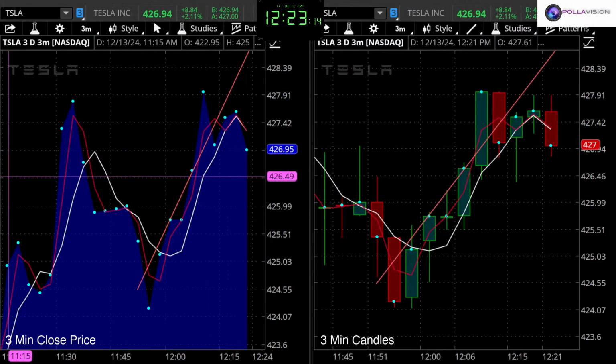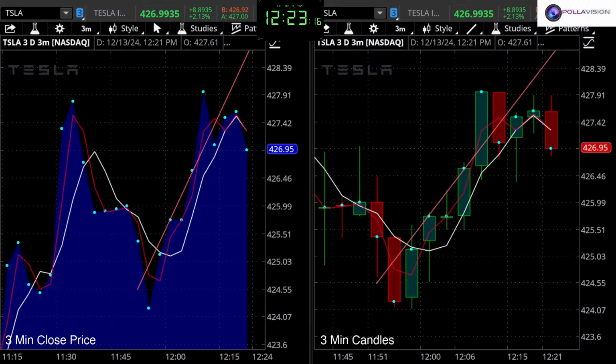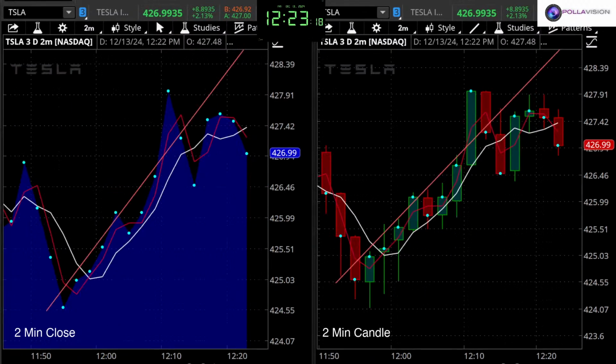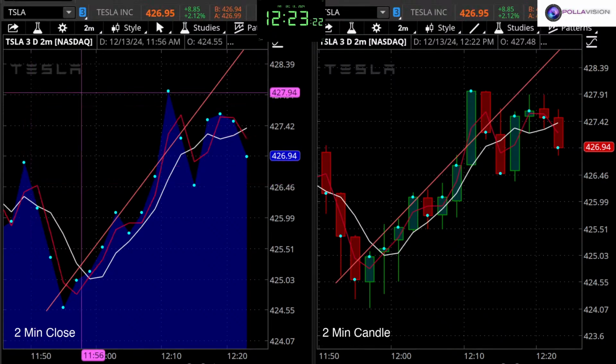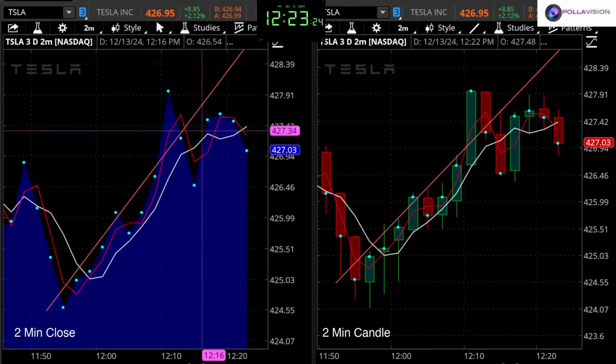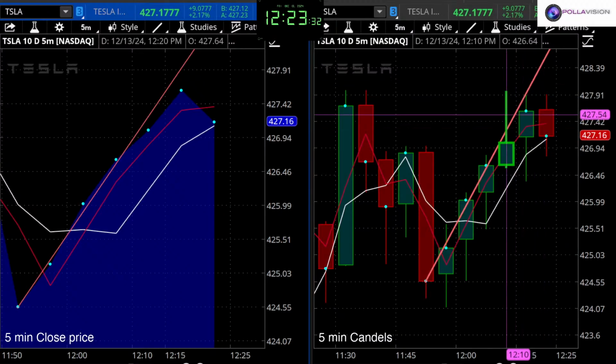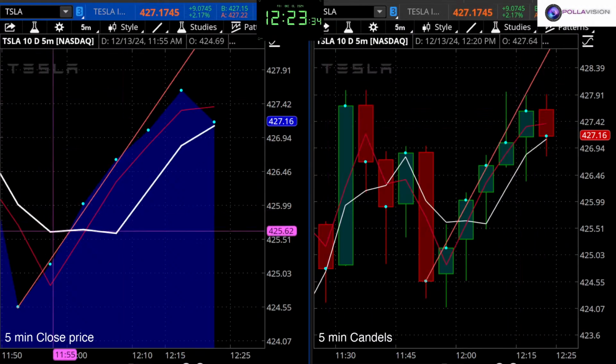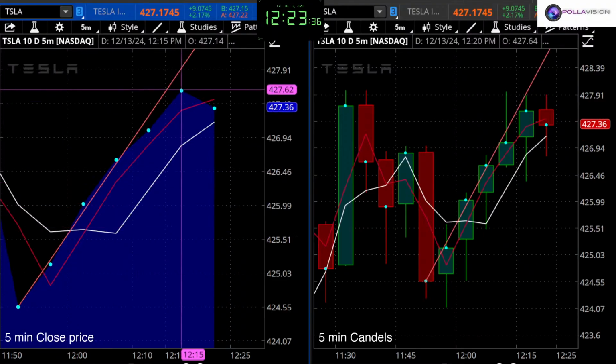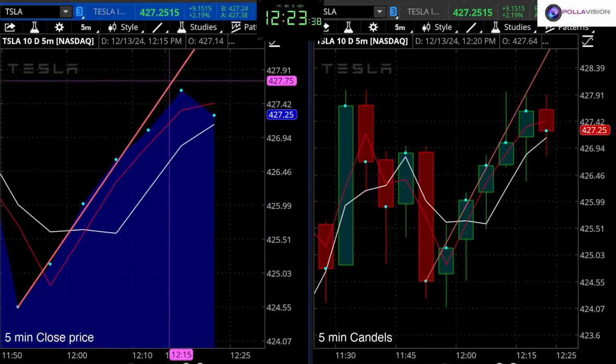Is it still running? Let's look at the 2. 2 minute. There's a little more volatility in the 2. Back to the 5. We look at the 5. The price, every closing period, has been in with this line.